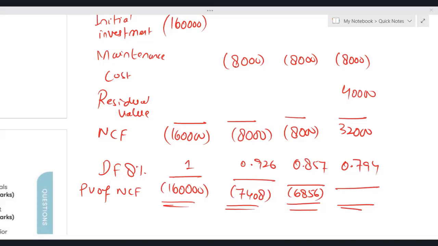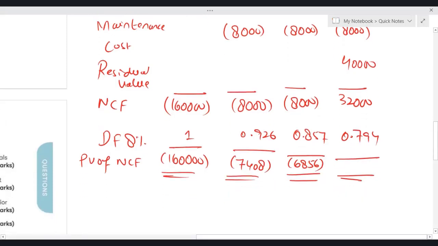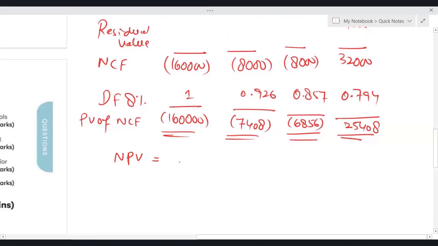I'm getting 25,408. So 1,60,000 negative, 7,408 negative, 6,856 negative, positive 25,408. The answer I'm getting is 1,48,856.